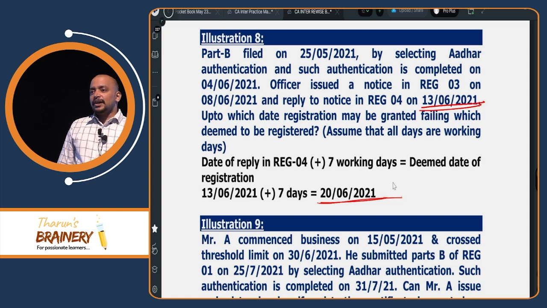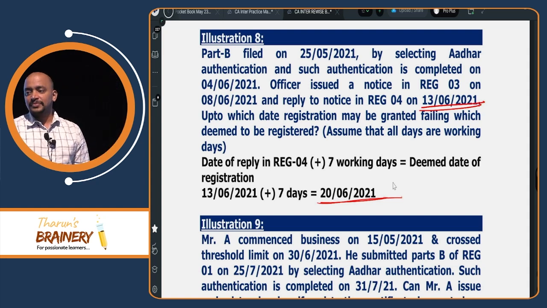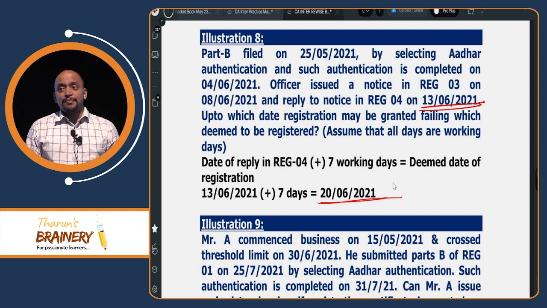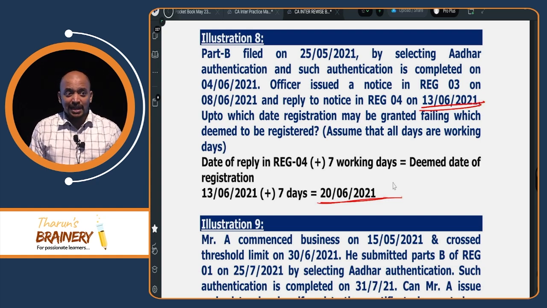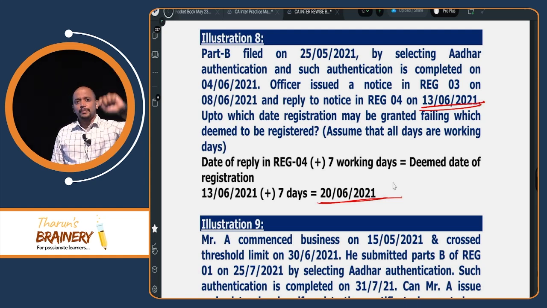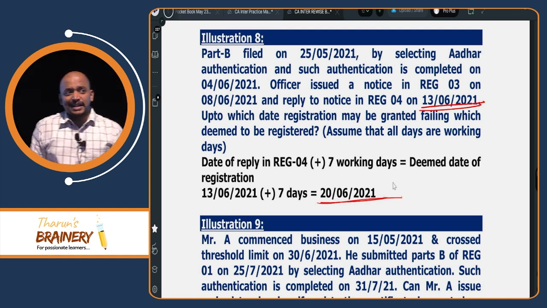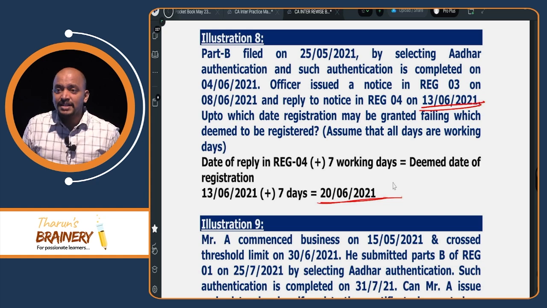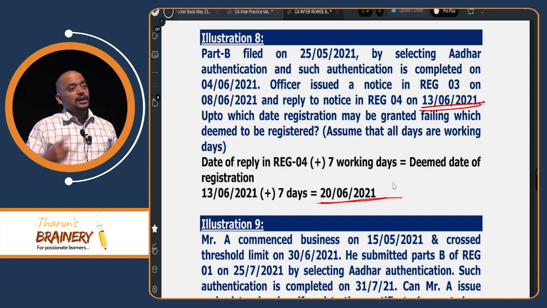So 18(1)(a), what is the heading it says? Liable to get registered and make application for registration within 30 days. Suppose if the application for registration is not made within 30 days, whether we get that 18(1)(a) benefit? No. So therefore, what is the consequence of not making application within 30 days? We cannot avail the ITC on closing stock.